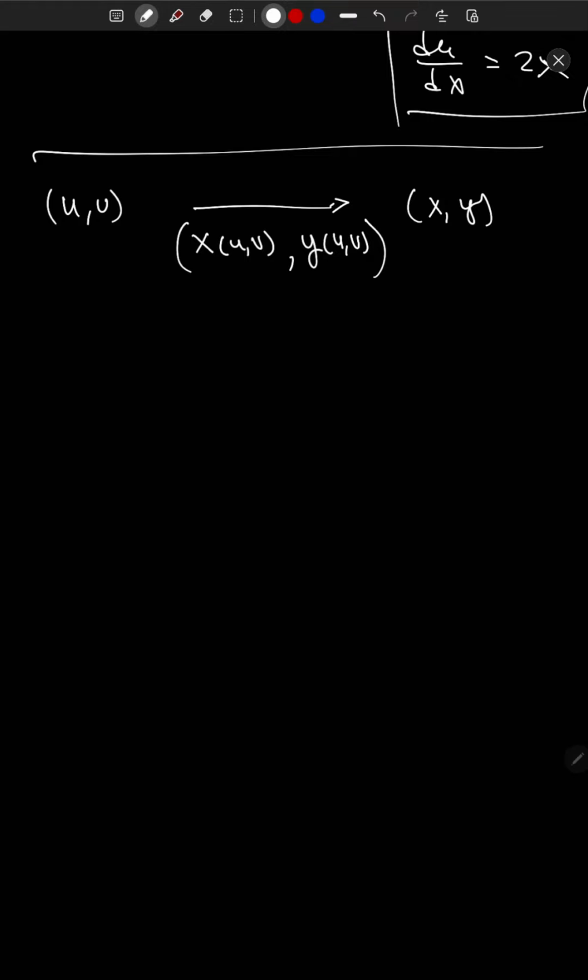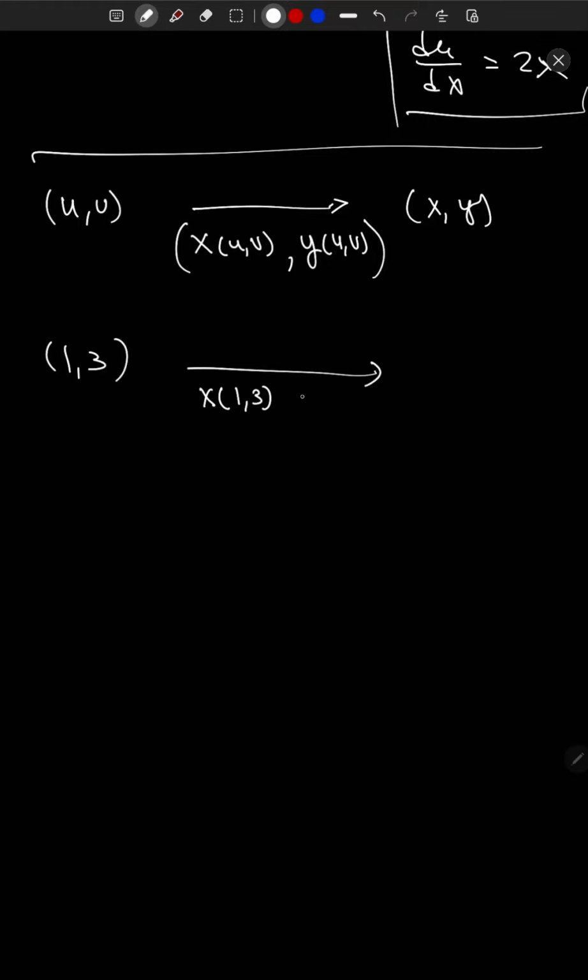Again, you think of this as: if you give me a point in the uv plane, let's say 1, 3, u equals 1, v equals 3, what point does that correspond to in the xy plane? Well, it corresponds to x of 1, 3, y of 1, 3. So it goes to that point right there, whatever that formula is.